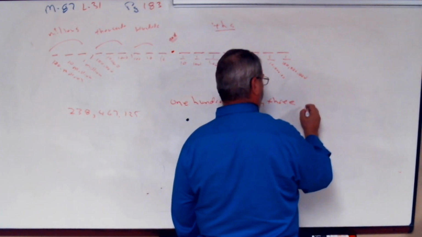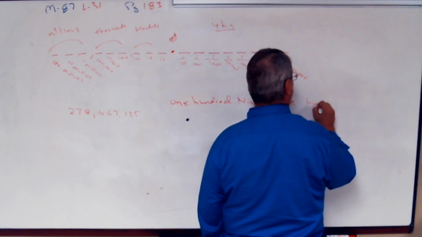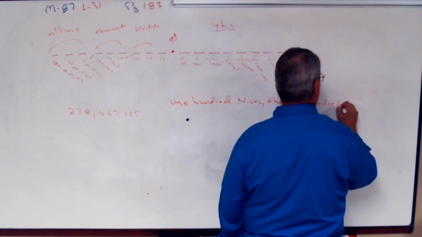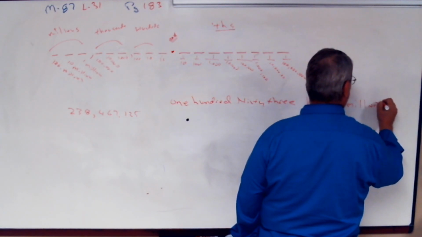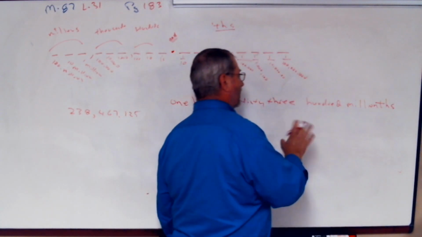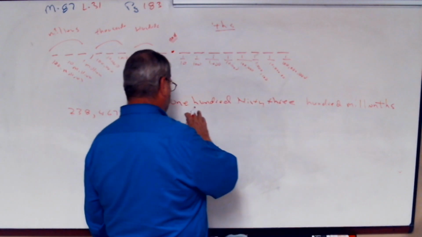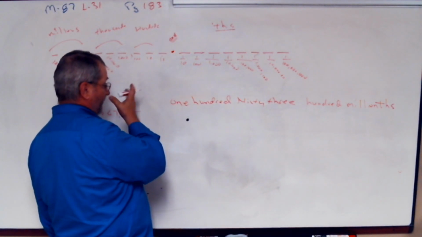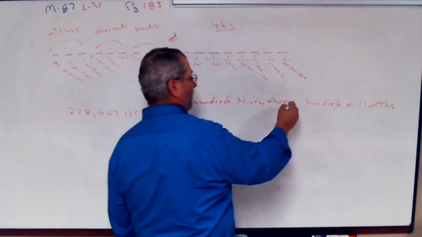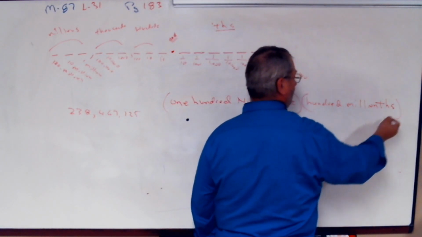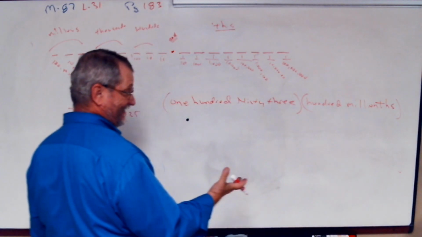All right, so I get two things here. Now, there's nothing in front of it. There's no "and" in front. There's no number in front. So what I have is my number and my place value, 100 millionths.